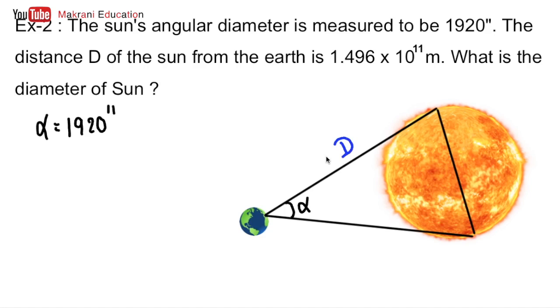Capital D is also given to us, that is 1.496 into 10 to the power 11 meter.